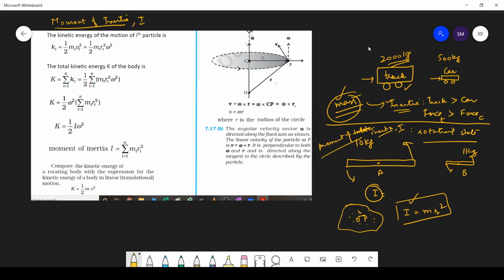Here we were talking about translational state. More is the moment of inertia, more difficult it is to rotate the body. And you can see that this moment of inertia clearly depends on mass, and r means the distance from the axis of rotation. So these are the two important points.